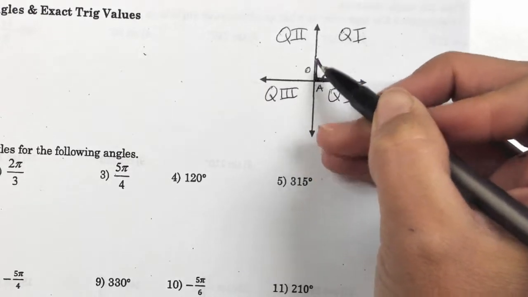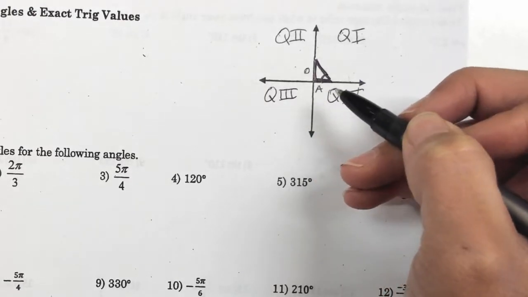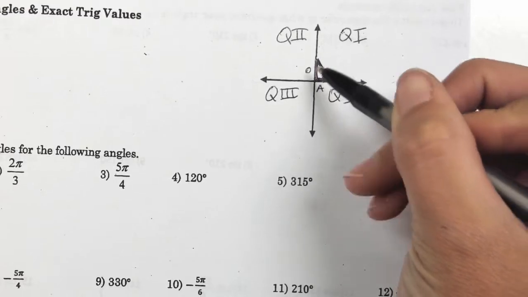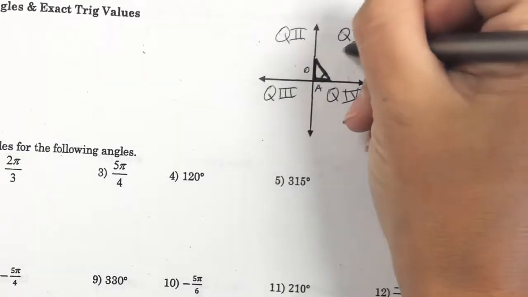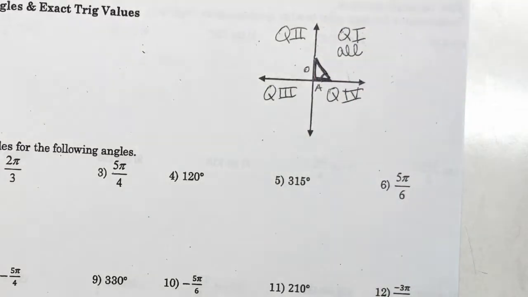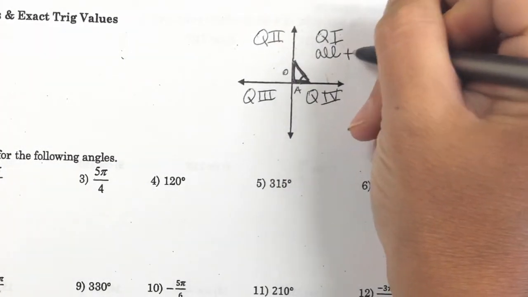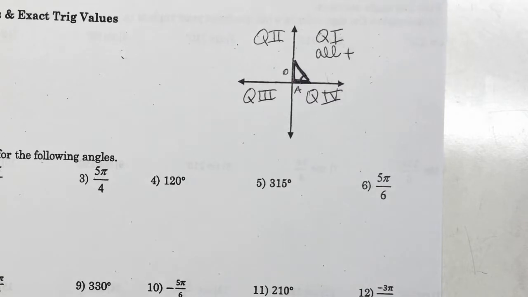So both of these are positive, correct? So tangent, which is opposite over adjacent, would be a positive over a positive, and that would be positive as well, right? So all of the trig functions are positive here. You can put "All." In quadrant 1, all of them are positive. Cosine, sine, tangent, and also their partners, cosecant, secant, and cotangent.